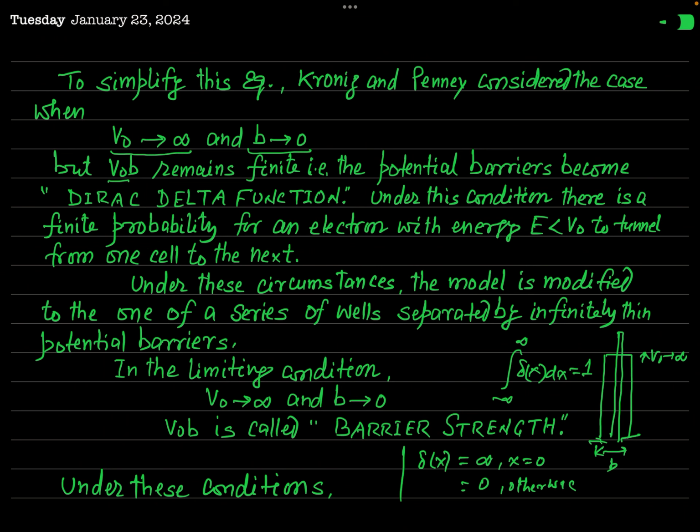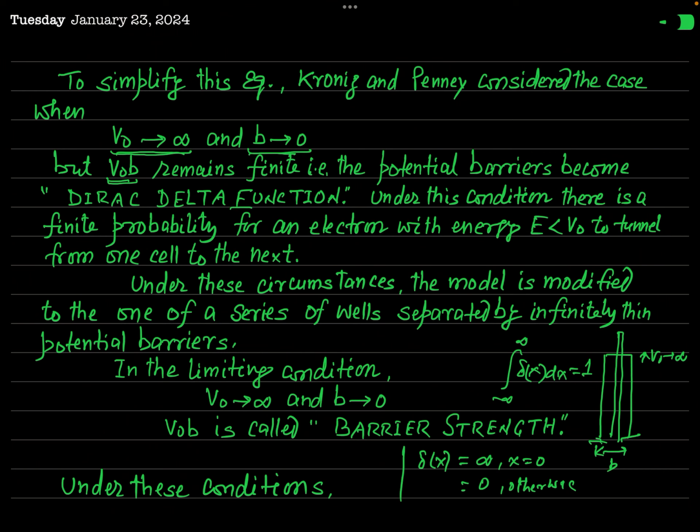So this property, which Kronig-Penney applied for a simple solution of this equation, that V naught tends to infinity and b tends to 0 but V naught times b remains finite, implies that this potential barrier becomes a Dirac delta function.